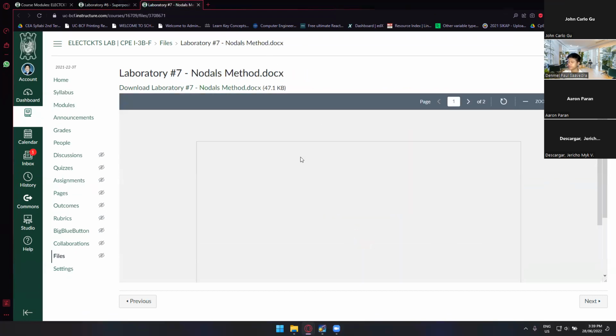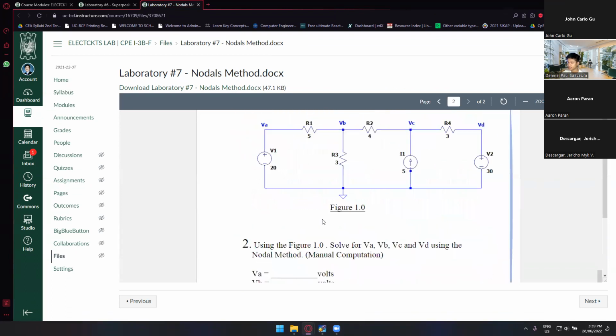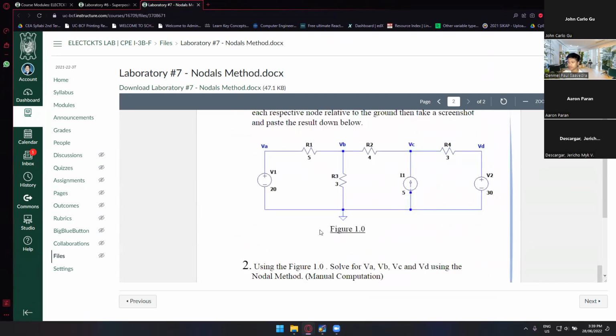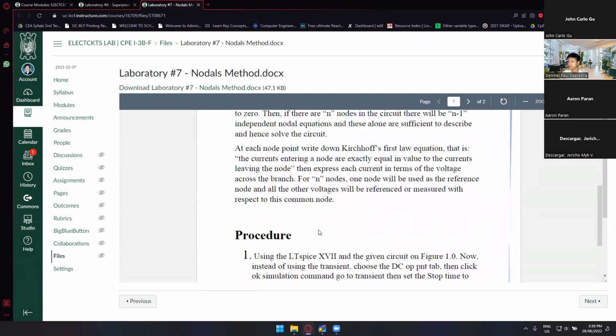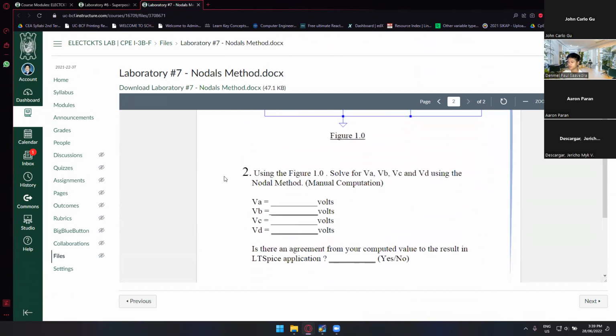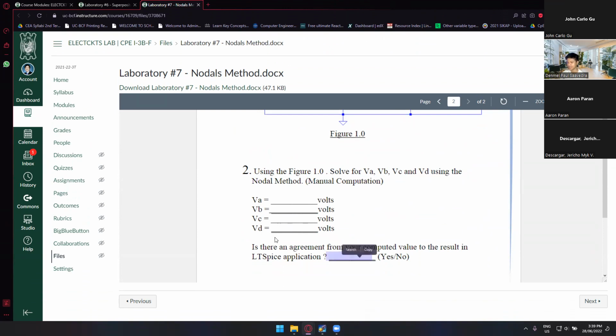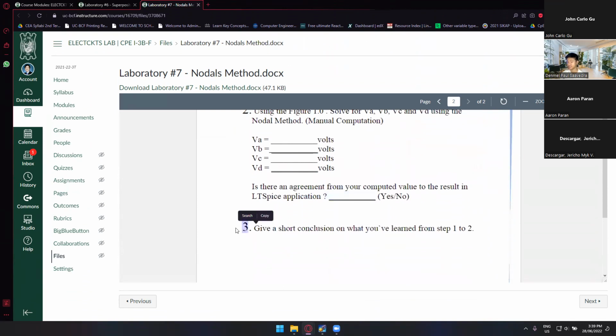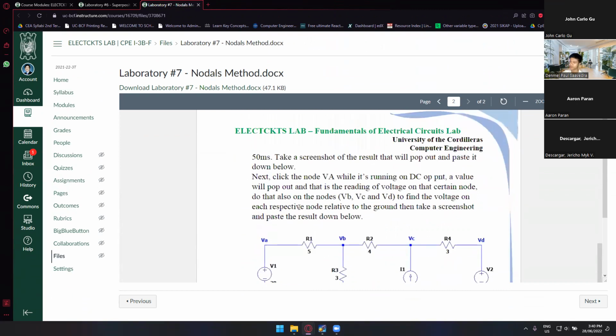For your lab number 7, we have 3 questions in total. Number 1 and number 2 are composed of 5 questions, from VA to VB, and the last one is yes or no. Then number 3 is just a short conclusion on your realization after answering number 1 and number 2.